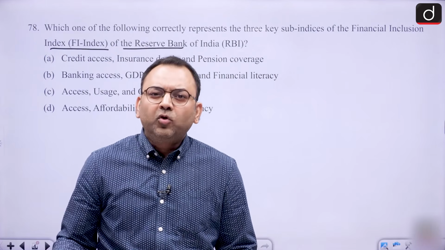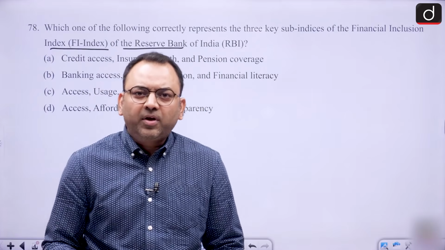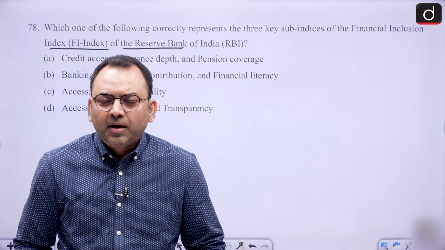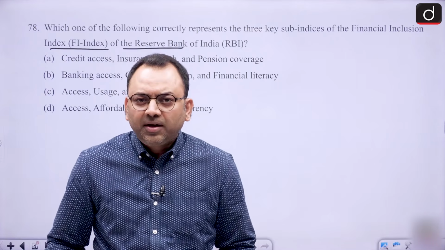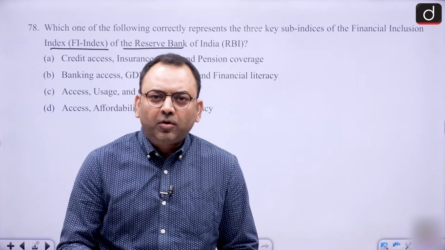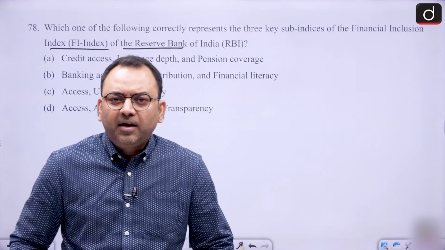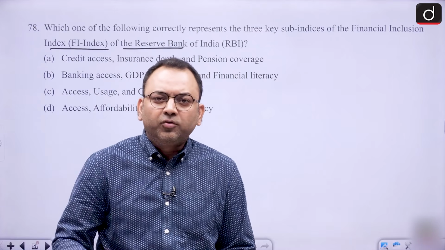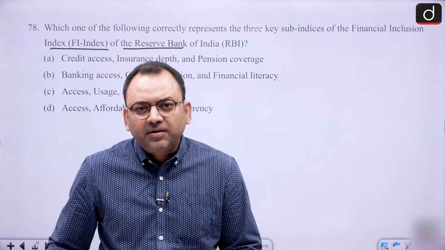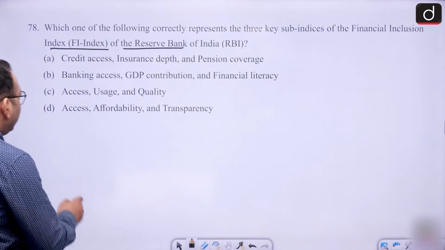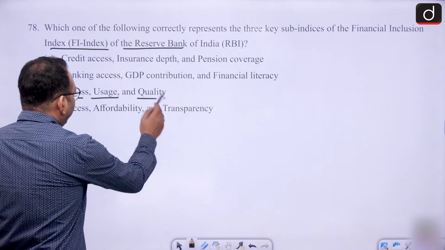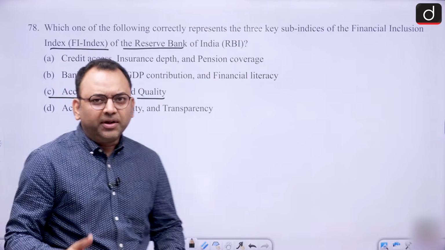So bringing more and more people into the formal banking network is called financial inclusion. Now how would RBI measure whether people are coming to the banking network or not? So it has devised an index called the Financial Inclusion Index, which has three parameters. They are actually access, usage and quality. Let's talk about what they are.